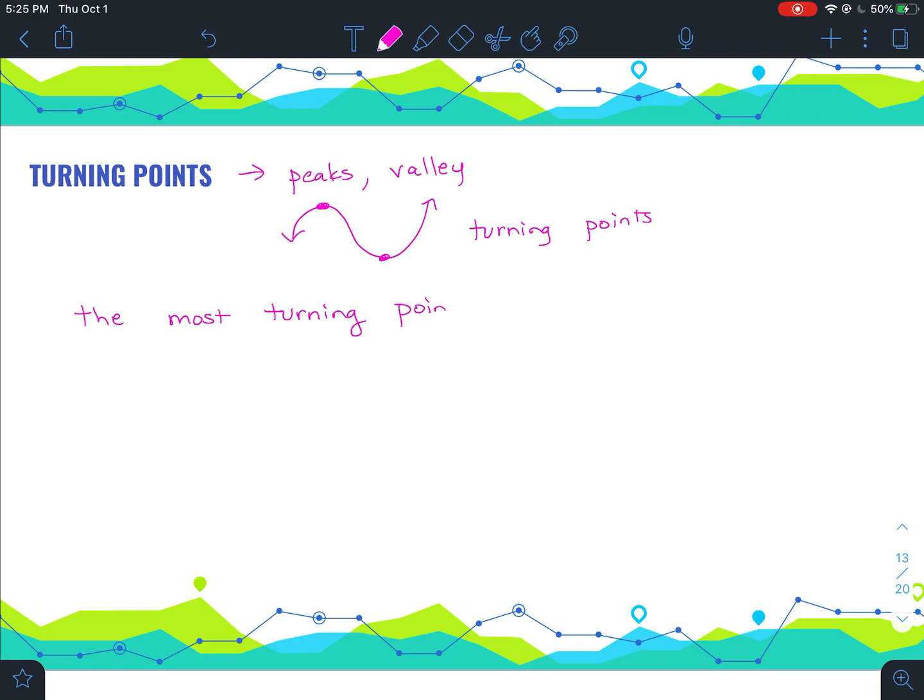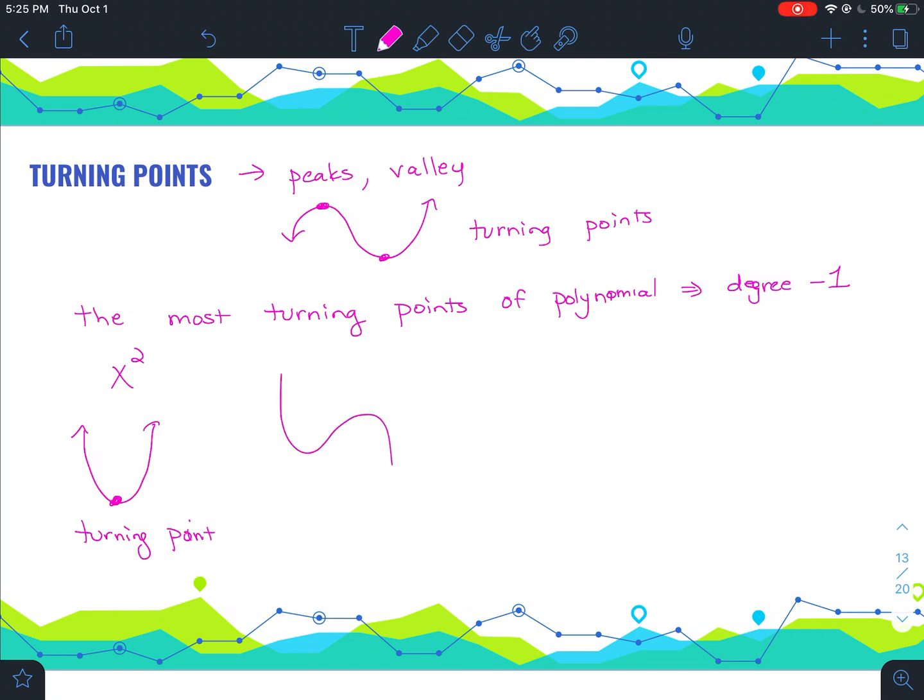So the most turning points of a polynomial is the degree minus 1. So it's 1 less than the degree. So notice x squared, if you were to graph x squared, it's a happy parabola, and it has 1 turning point at the vertex. And remember, the degree is 2, 1 turning point, 2 minus 1 is 1. So that would be the turning point.